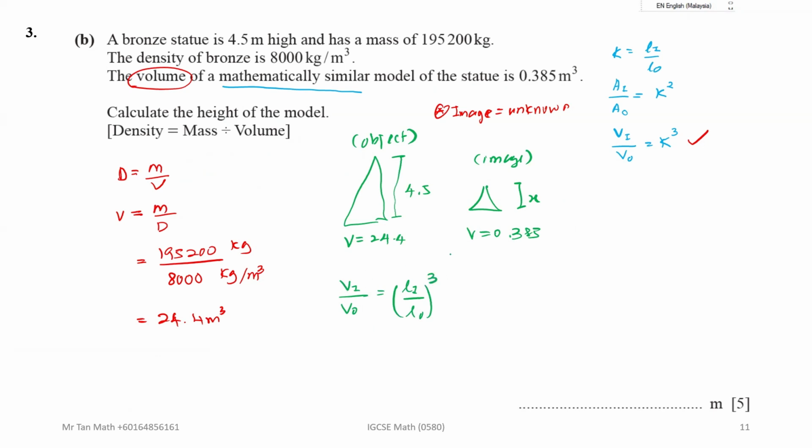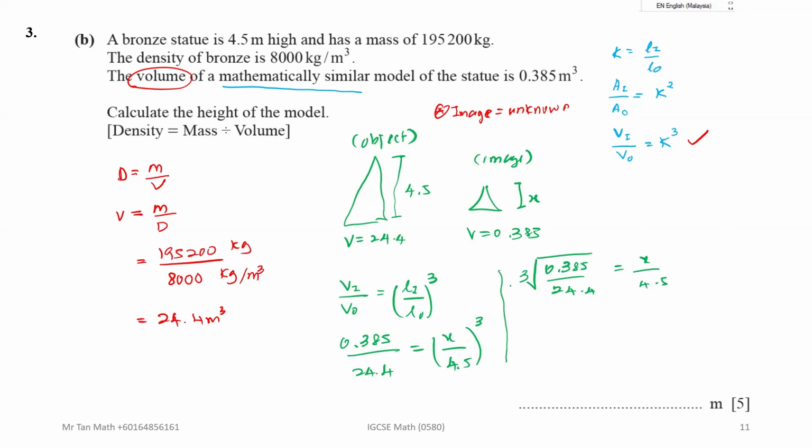So volume of image is 0.385 over 24.4, that equals X over height 4.5, everything cube. Just do cube root of 0.385 over 24.4 is equal to X over 4.5.